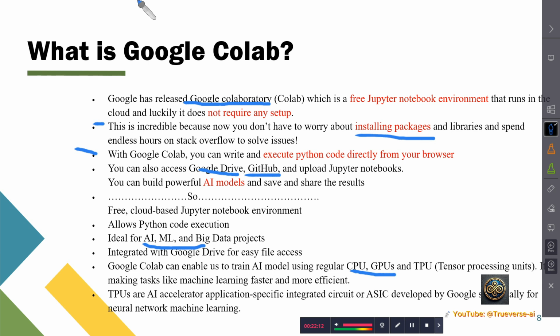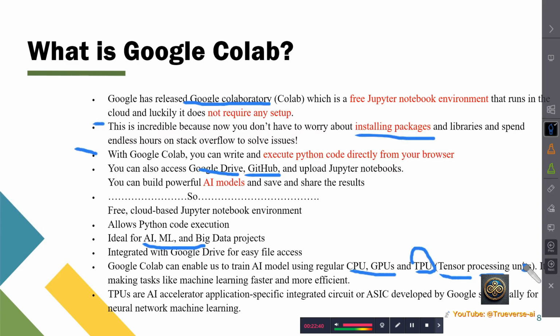When we say TPU, it means Tensor Processing Unit. It is an application-specific integrated circuit designed by Google specifically for accelerating AI tasks. This makes them highly efficient for running neural networks.